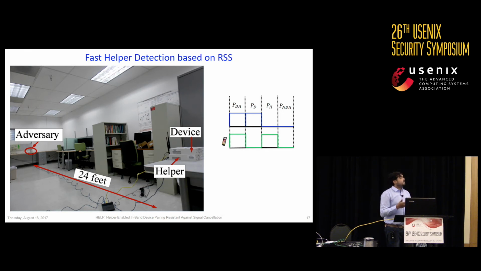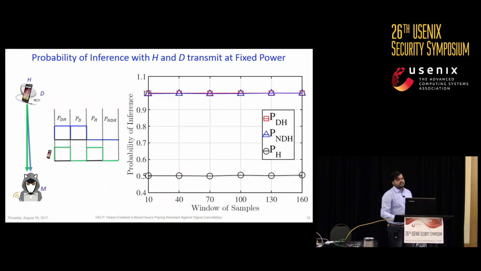The blue signal is the signal transmitted from the device, and the green signal is the signal transmitted from the helper. So we repeated this experiment for different topologies. For this topology, the helper is directly placed on top of the device, and both the helper and the device are transmitting fixed powers.